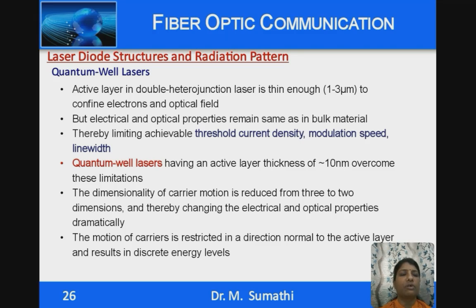When the dimension of the active layer is reduced greatly, there is a drastic change in the electrical and optical properties of the material. The charge carriers' movement is restricted to 2 dimensions from 3 dimensions, and the carriers can move in a direction normal to the active layer, and thereby we have discrete energy levels.